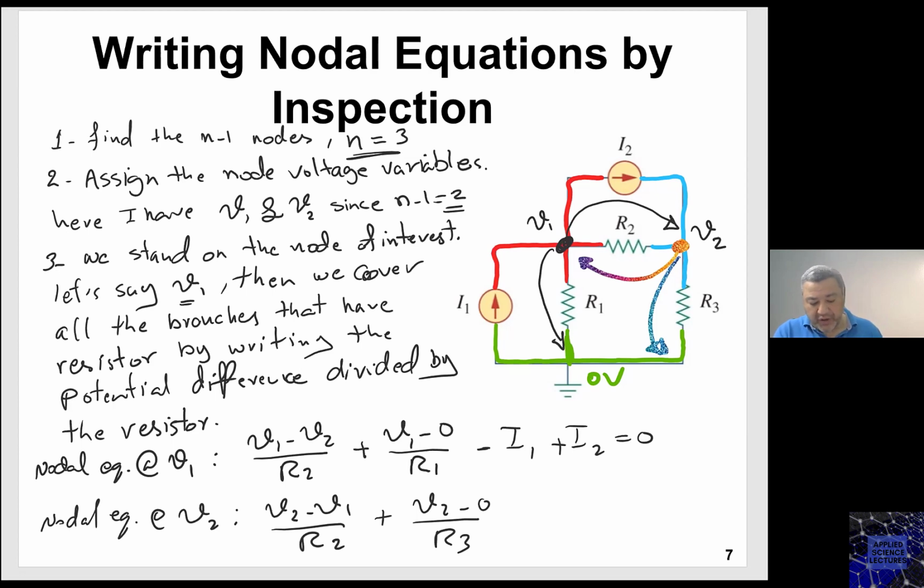Now we look at the current sources. I2 is entering that node that I'm standing on, so I write it as minus I2 equals 0. So those are the two equations.